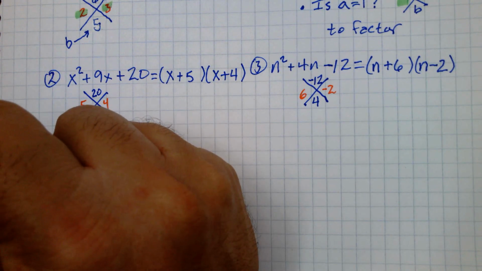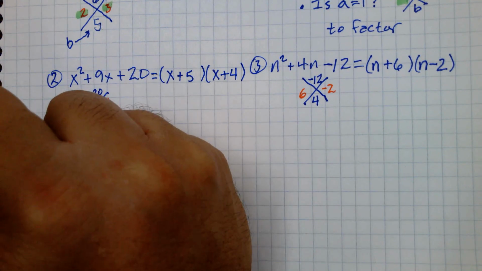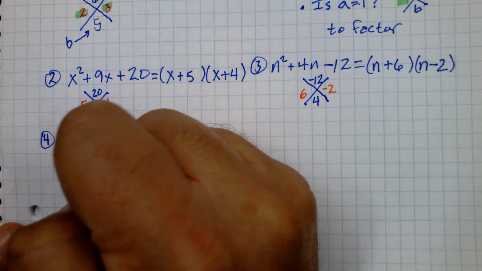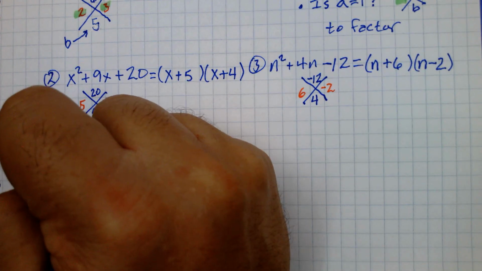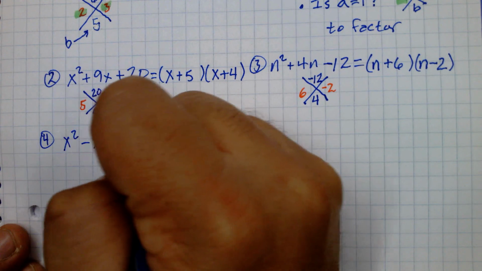Number 4. Let's do x squared minus x minus 2.